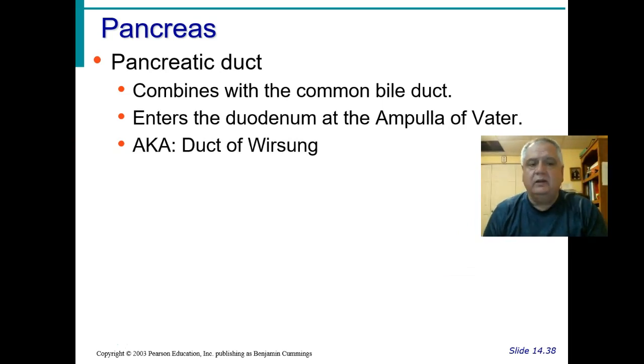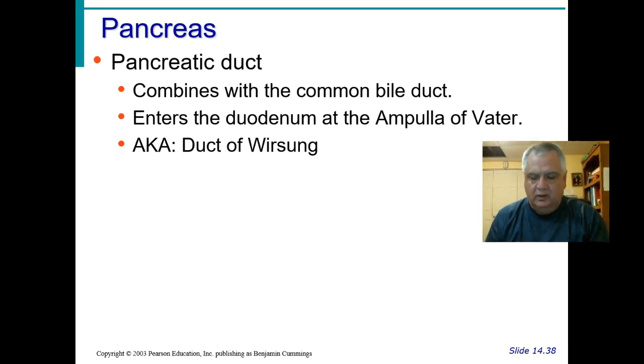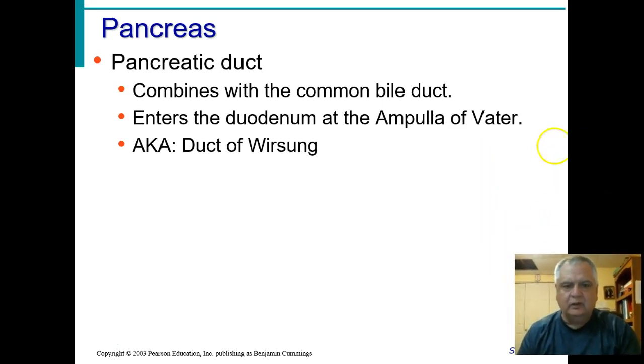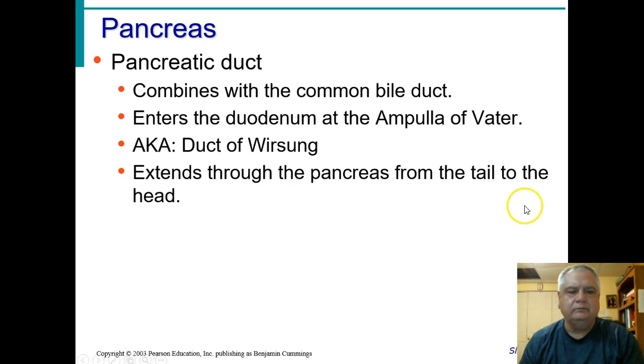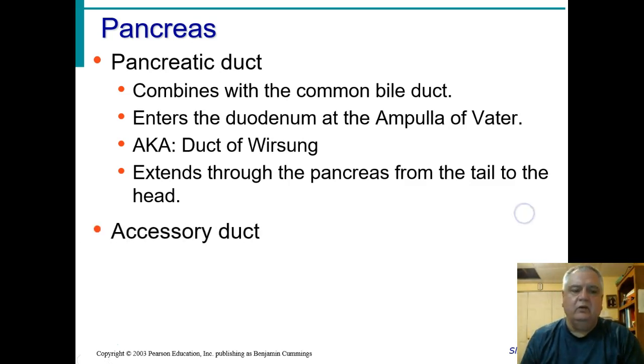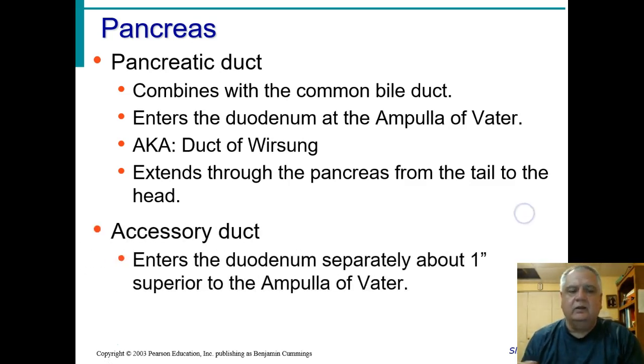The pancreatic duct, by the way, is also known as the duct of Wirsung, named for the anatomist who first described it. The pancreatic duct is going to extend all the way through the pancreas from the tail to the head. But in addition to the pancreatic duct, there is a smaller duct, the accessory duct.